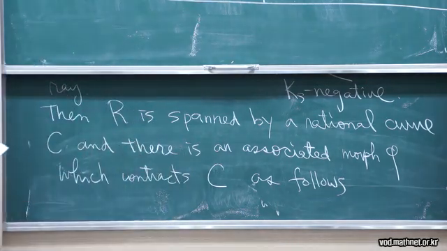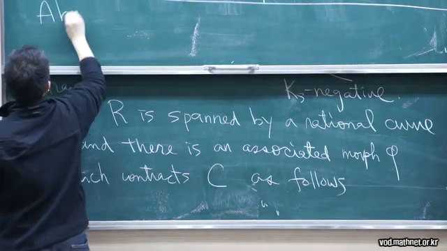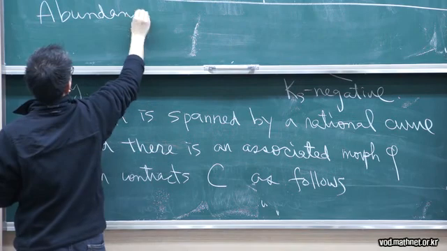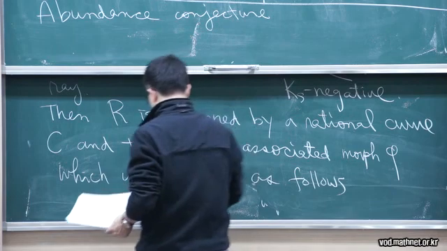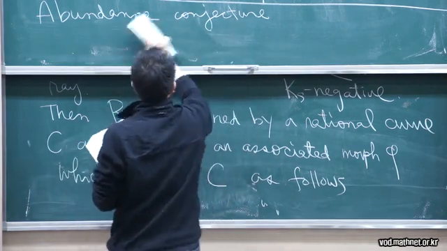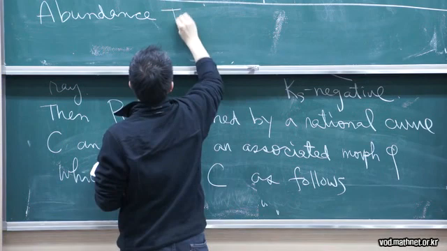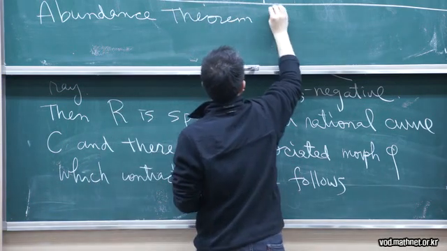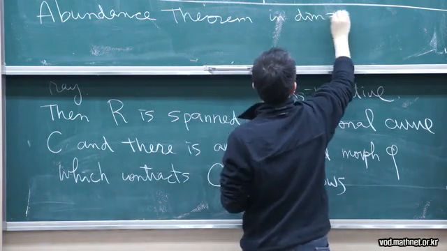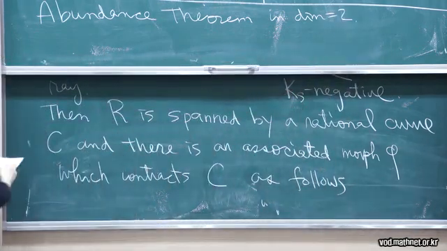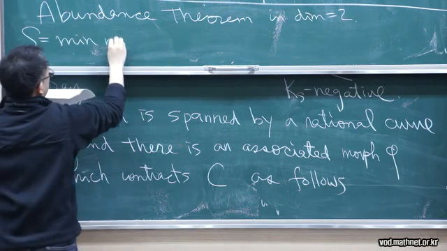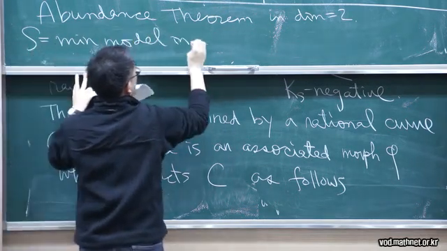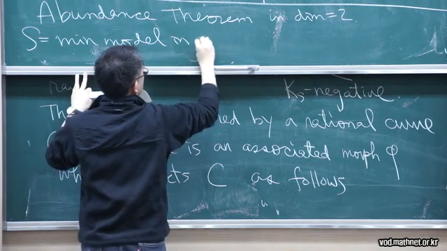And lastly, this was also mentioned in Dongsun's lecture, but I will also say something about the abundance conjecture. Now, the abundance theorem in dimension 2. Let's say S is a minimal model in dimension 2.